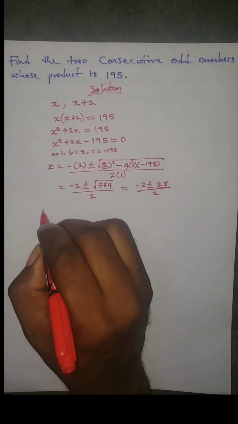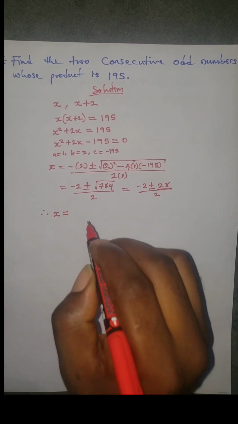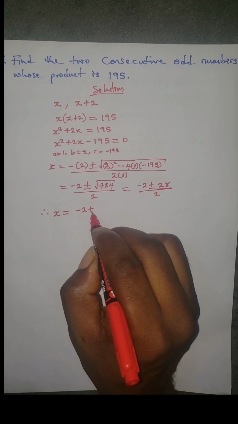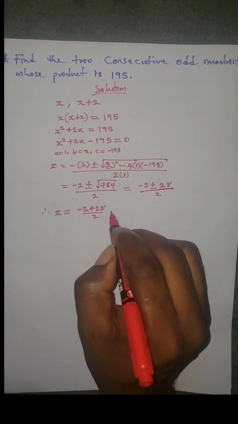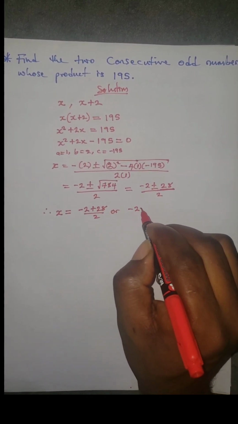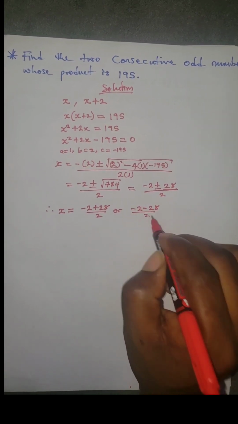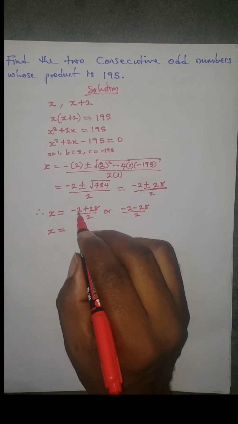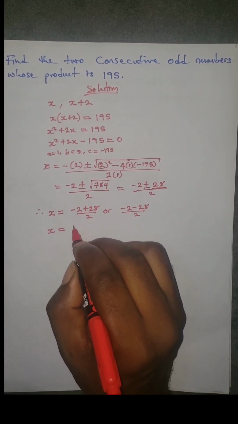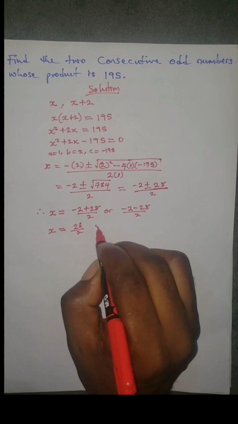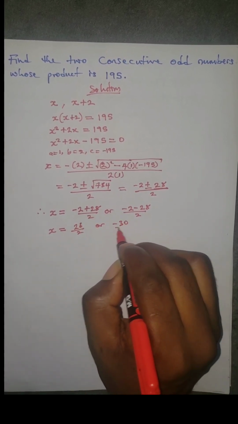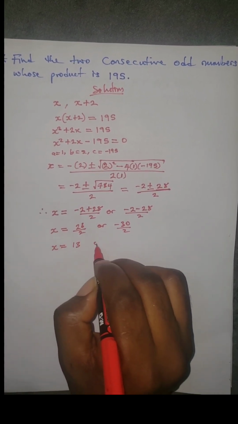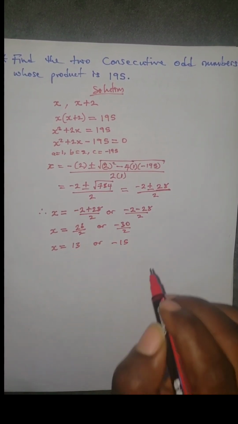So with that now, x equals minus 2 plus 28 over 2, or minus 2 minus 28 over 2. So x is going to give us 26 over 2, or minus 30 over 2. So x equals 13 or minus 15.